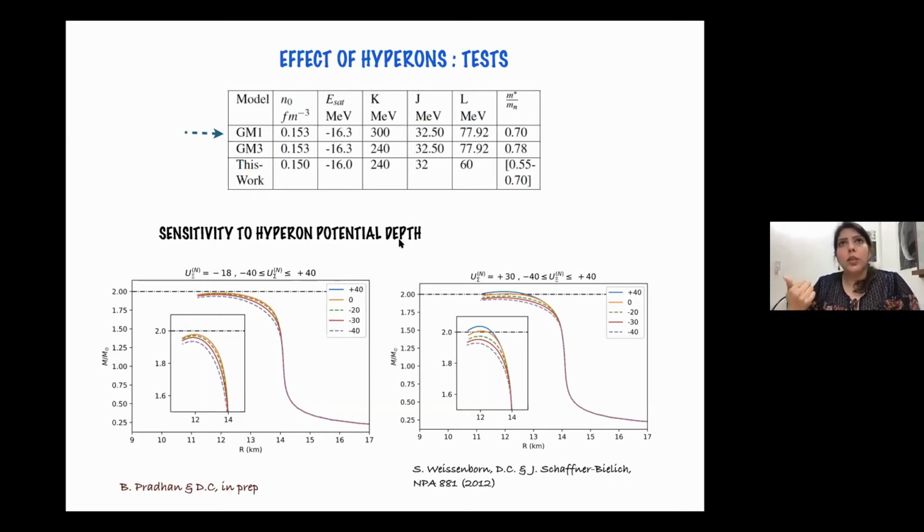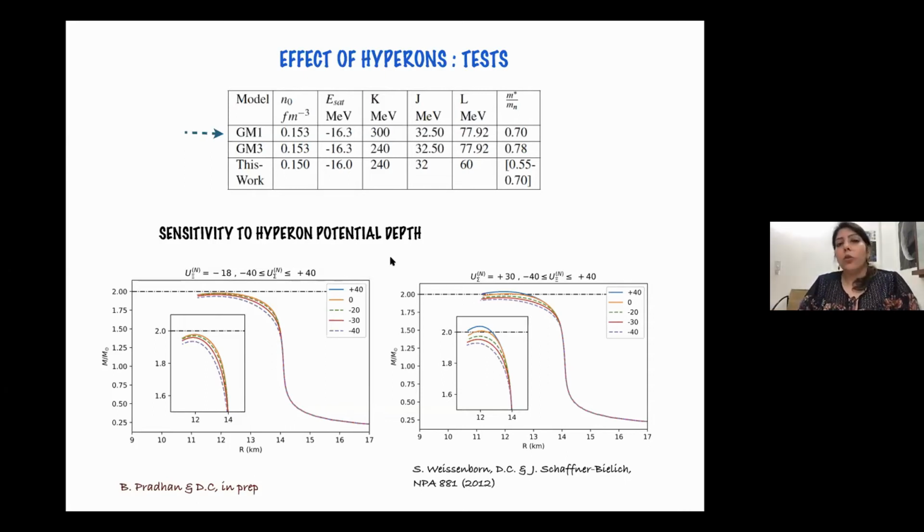We considered the baryons from the lowest baryon octet, which means there are the lambda hyperons, the sigma hyperons, and the cascade hyperons. Of these, the lambda appears first, and the potential of the lambda particle is well known. It is around -30 MeV. The uncertainty lies in the potential depths of the sigma and the cascade.